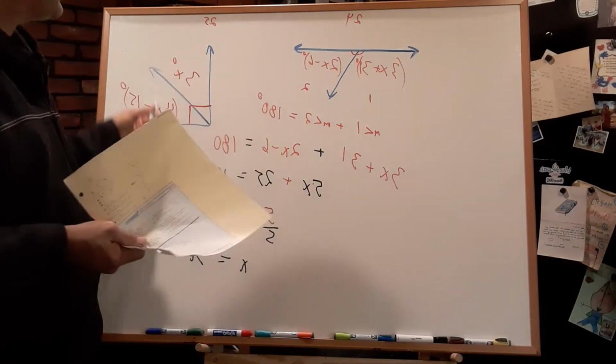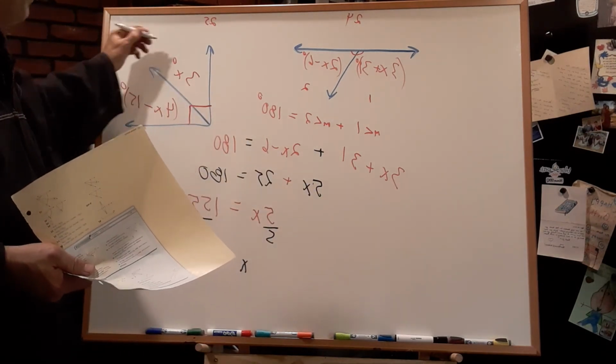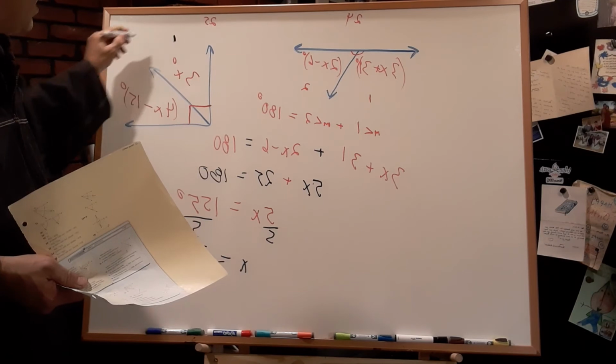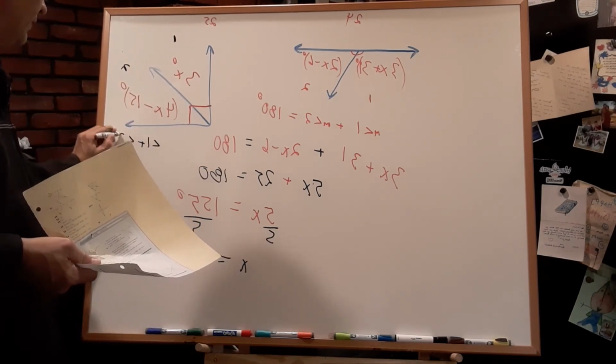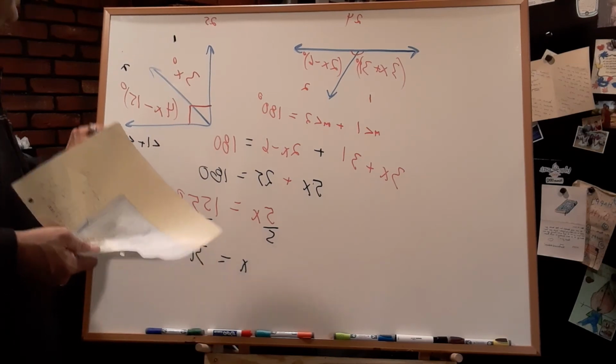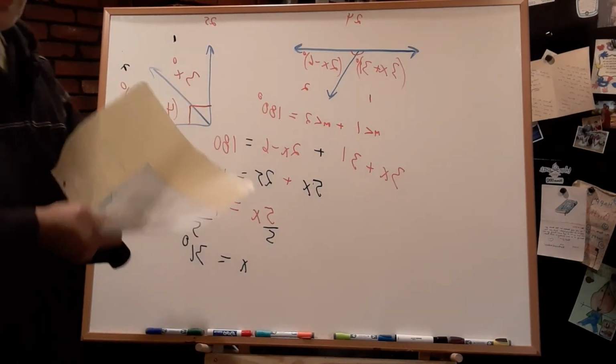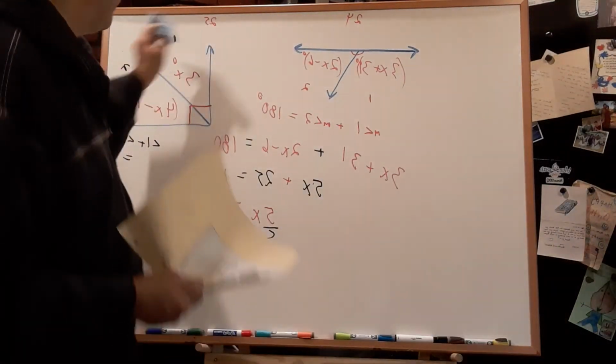Do the same thing here, except this time angle 1 and angle 2 are going to equal 90. So it's the same exact process, except it's going to equal 90.